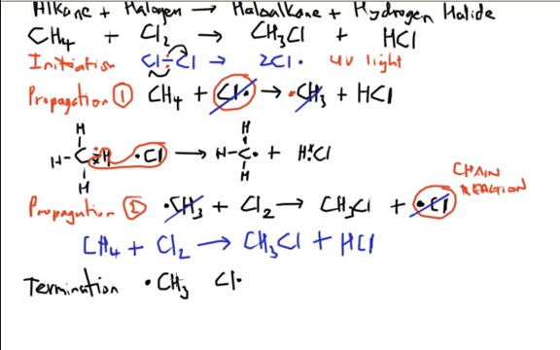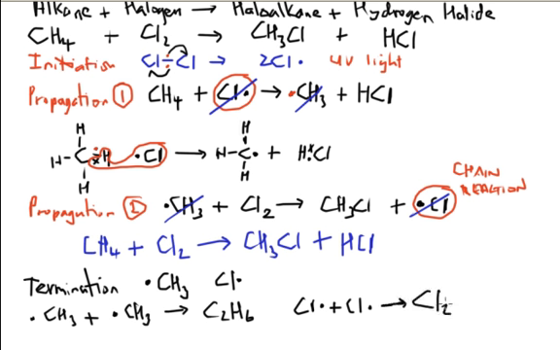So the first thing that can happen is, let's say we've got millions of these, billions of these free radicals in there. So let's start off with 2 methyl free radicals reacting together. So we'll form ethane. Let's say we get a chlorine free radical reacting with another chlorine free radical.